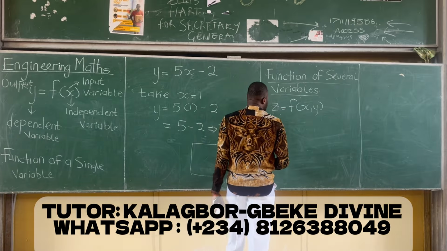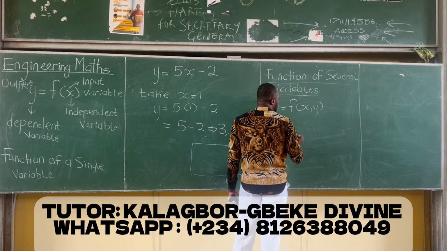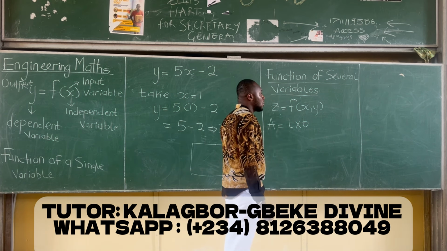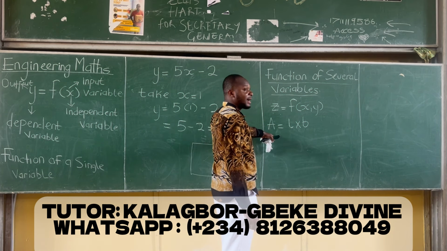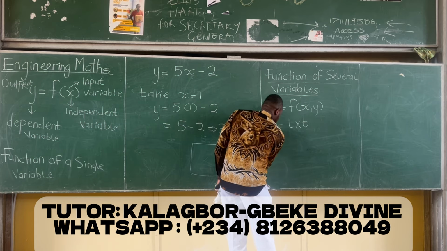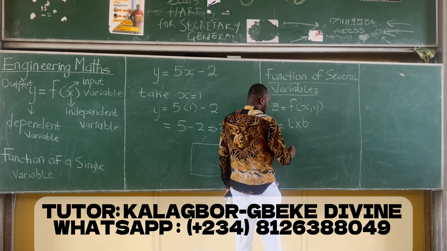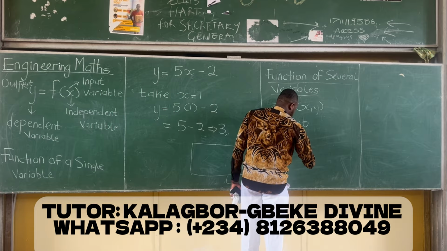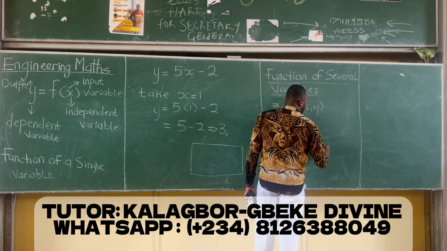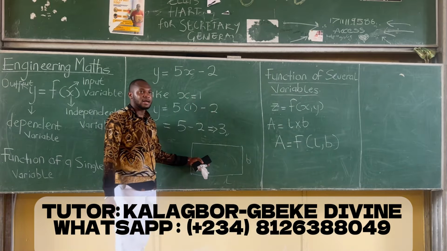So now, we know that area A is equal to length times breadth, right? So we can say that area, which is the output A, is a function of the length, comma, and the breadth of this rectangle. Do you grab?